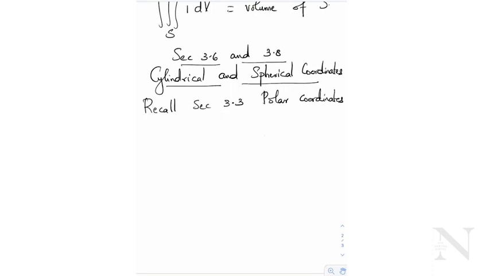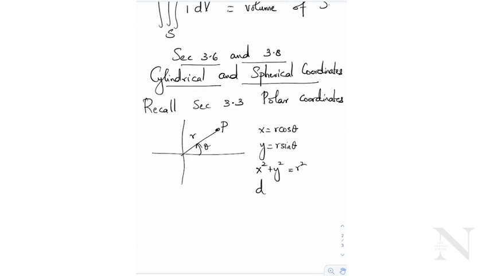If we have some kind of a circular region in R2, then all of you know that if this is your radial distance at an angle theta, then x equals r cosine theta, y equals r sine theta, and x squared plus y squared is r squared, and dx dy or dy dx, or dA, would be r dr d theta.